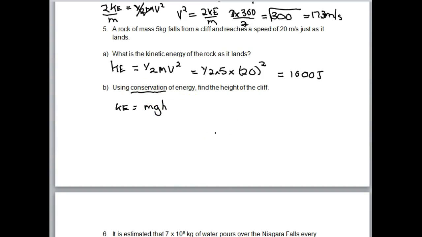It doesn't matter which way around you write it, of course. We already know that the kinetic energy is 1,000 joules, so 1,000 joules is equal to the mass times g times h.